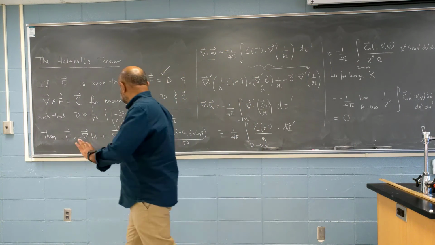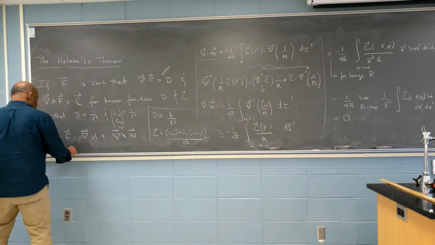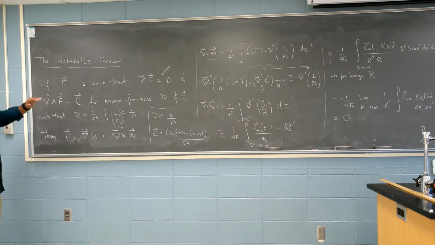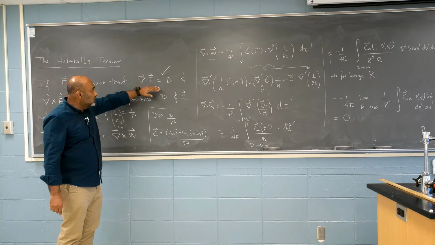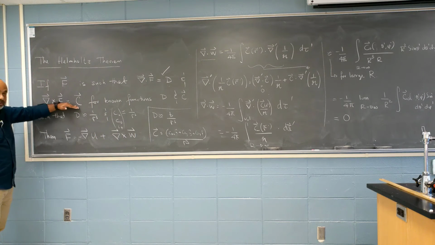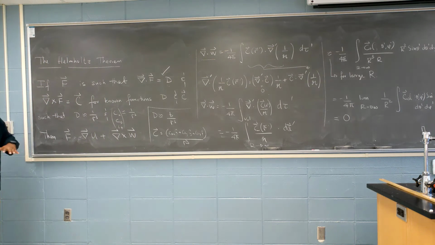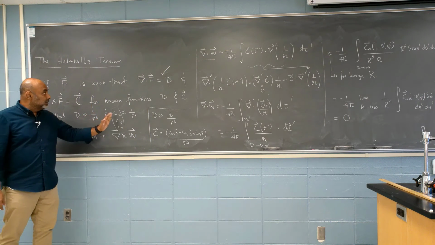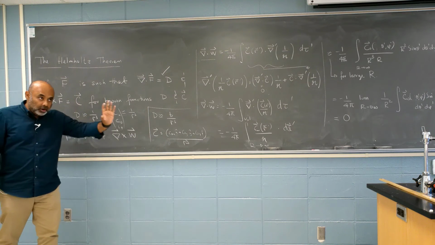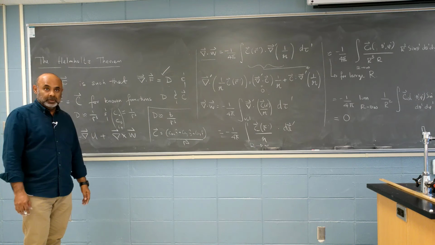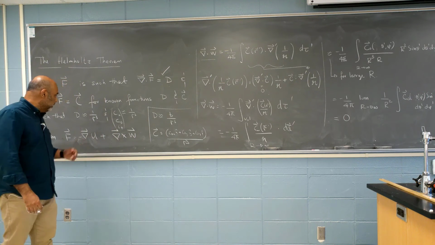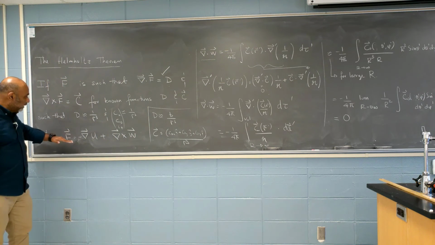Okay, so what's the most important feature here? If you have a vector field whose divergence and curl is known over the entire space R cubed, x, y, z, such that D and C, for very large values of R, decay as 1 over R cubed, then F is given by this formula.